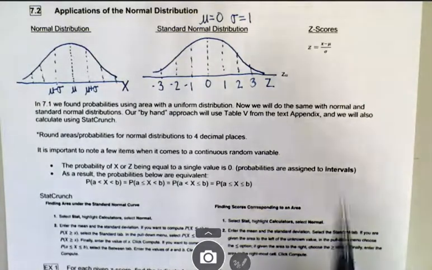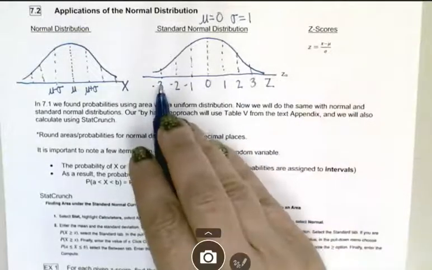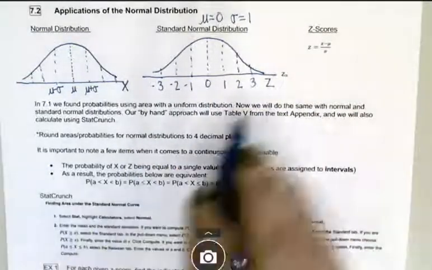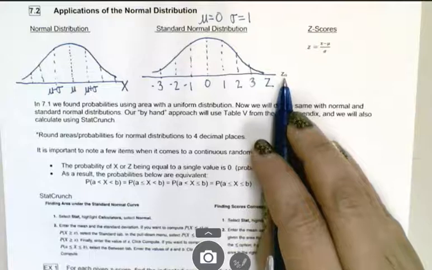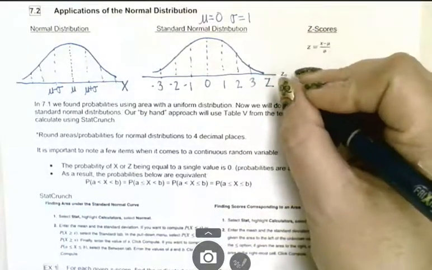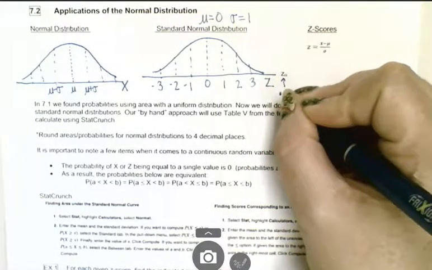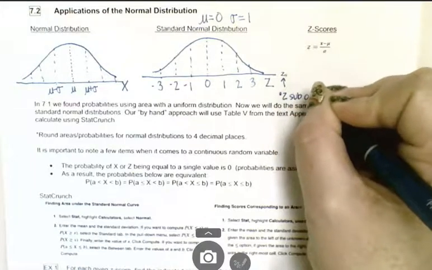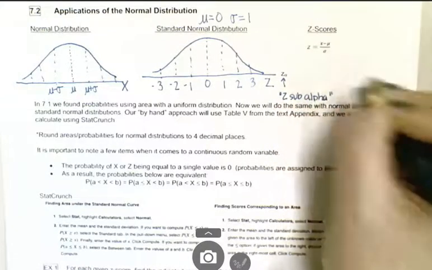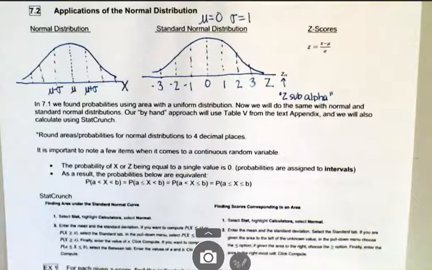One other notation related to z-scores and the values on a standard normal, you're going to see this notation, which we read as z sub alpha, because that's a lowercase Greek alpha.